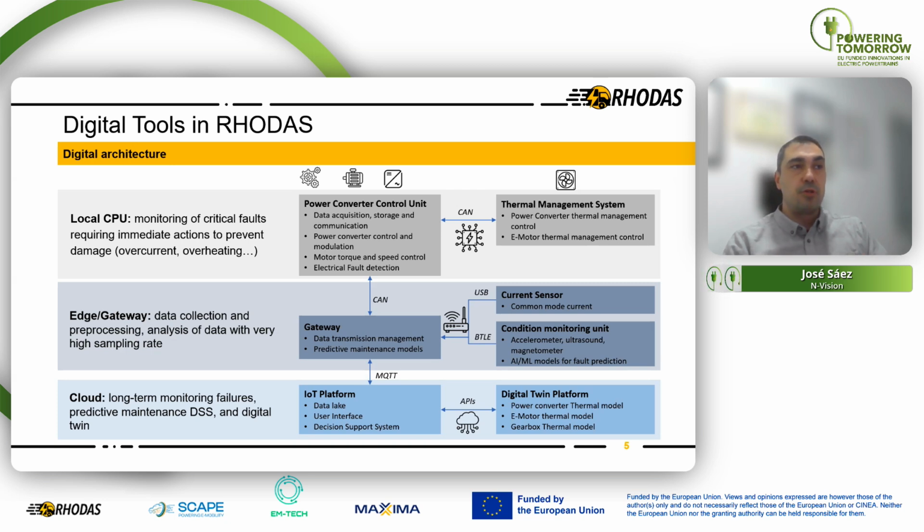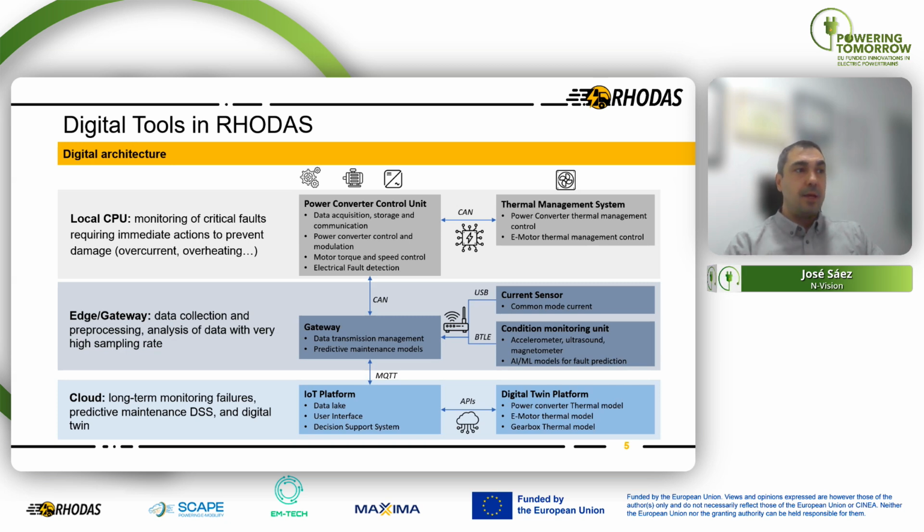As I will show later, they are very related to the common mode current sensor, which is used to detect potential degradation in the motor, but also to a condition monitoring unit, which has different sensors included, which together with some AI models developed during the project is able to detect in advance, or somehow predict, potential failures that can take place, again especially in the motor.